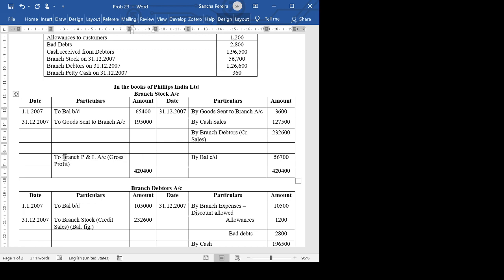So gross profit is 4,20,400 minus 65,400 minus 1,95,000. That comes to 1,60,000. Okay, this is the balancing figure.